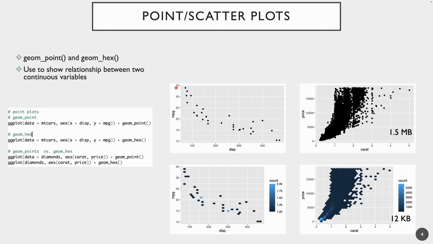Here the first examples are still given by the mtcars dataset. As you can see, there are four plots. The top two are the scatter plots, and the bottom two are the hexagon plots. You may wonder why we need to use the hexagon instead of scatter plots.